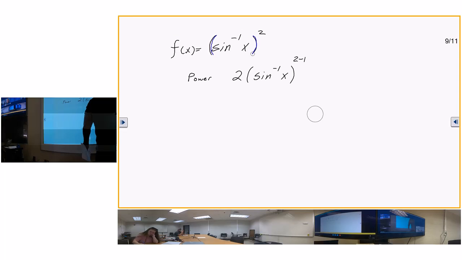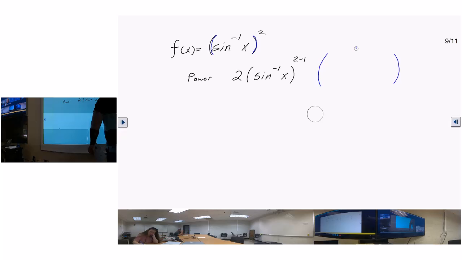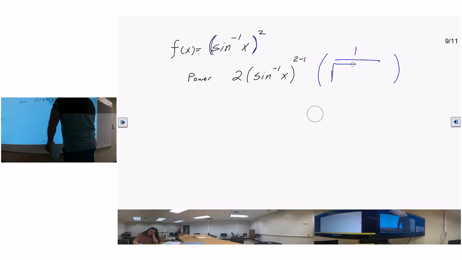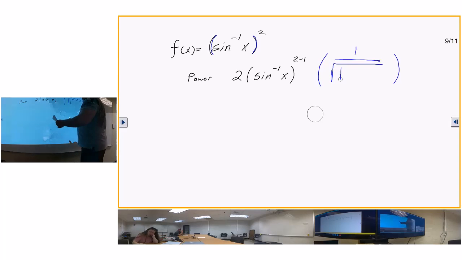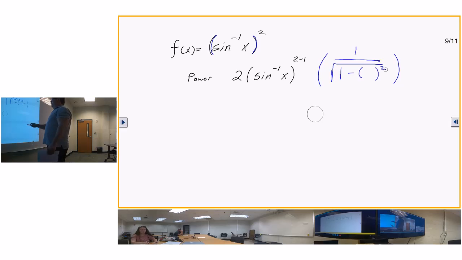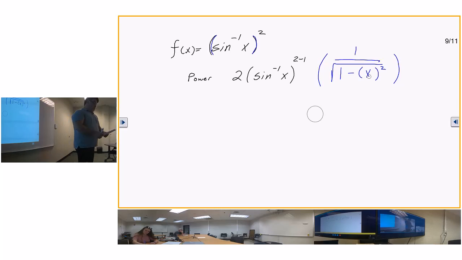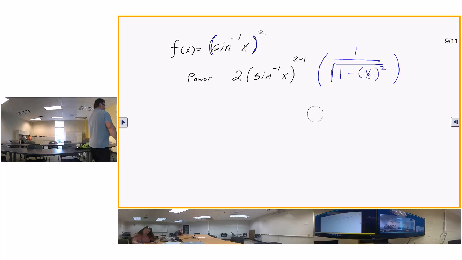And now I'm going to do 1 over the square root of 1, I always have to look, minus parentheses squared. And what goes in there? x. Now simplify it. You're not going to be able to simplify it very much. Just make it x squared.